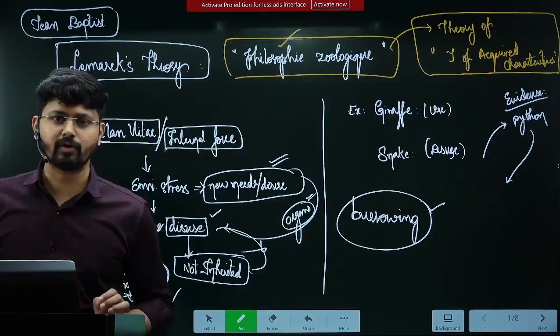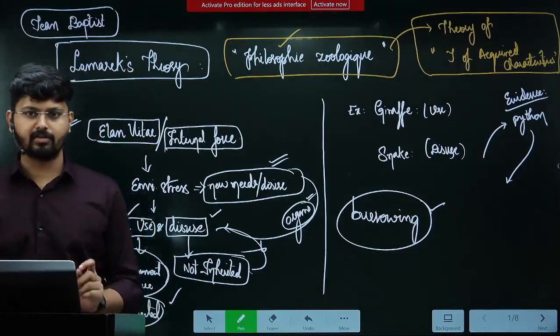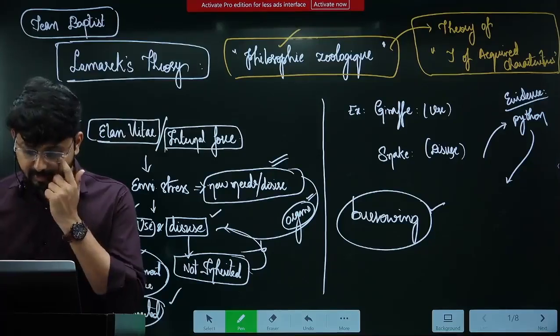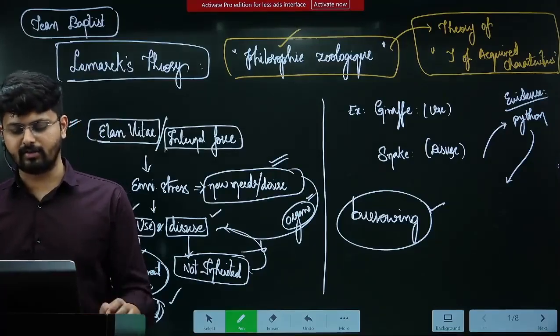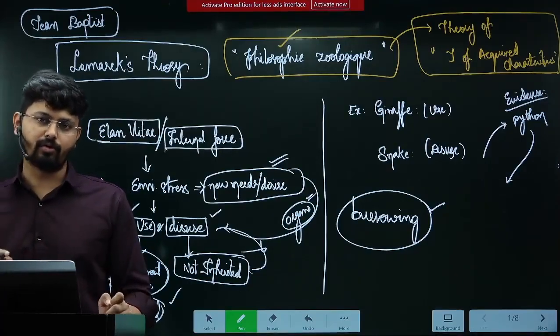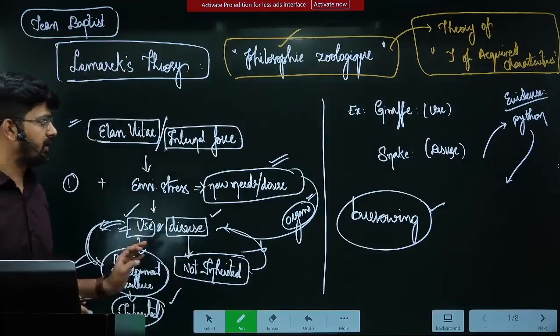This led to the evolution of modern snakes. Evidence. Write down evidence below it. Since python has rudimentary legs on the ventral side. Okay, so now you see with this example.